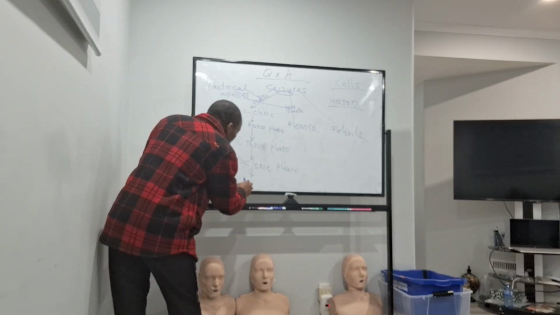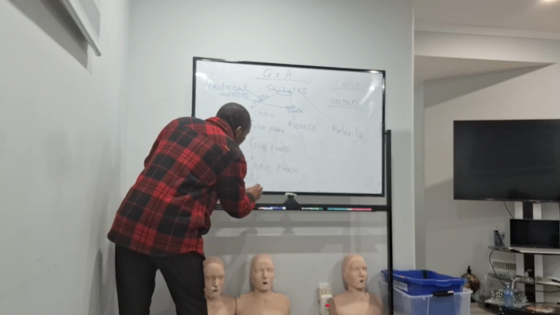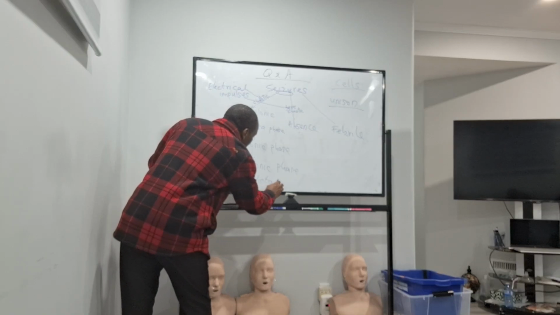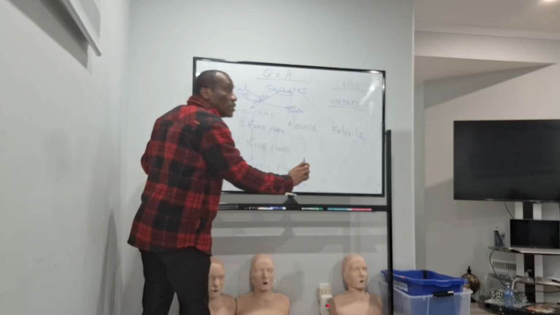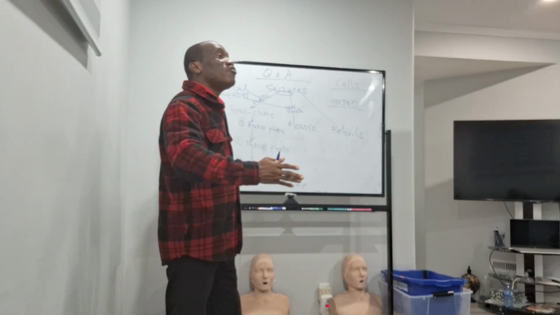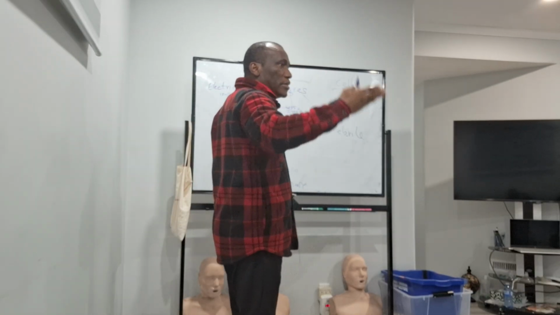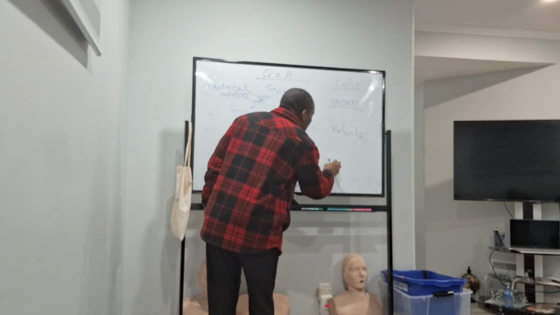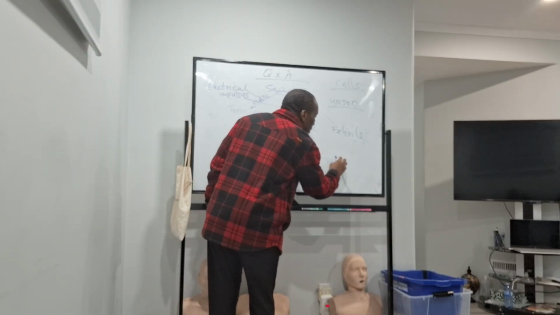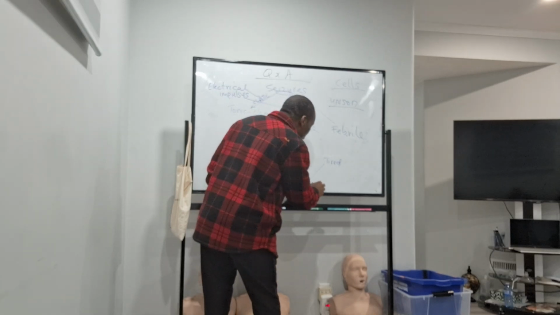Phase 4 is called the postictal phase. This is when the seizure has stopped, and the patient begins to wake up. This is wake up time. When they wake up, they are usually tired, confused and disoriented.